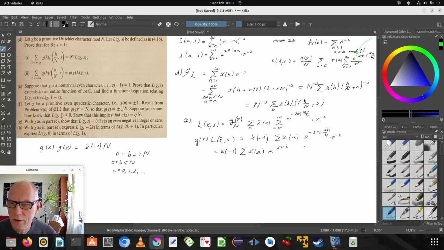And we disregard the in up here, so it's just chi bar of b divided by n times b plus in to minus s. I don't feel that we are getting any closer.